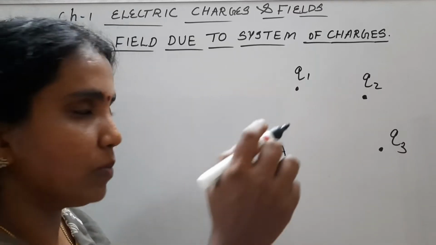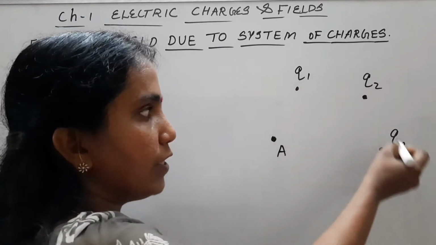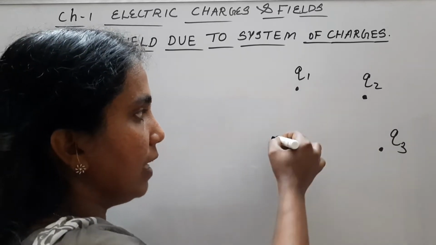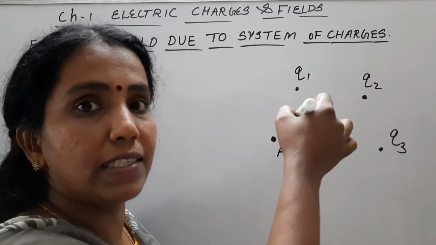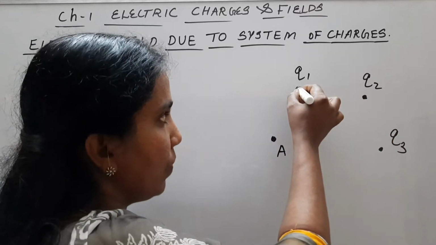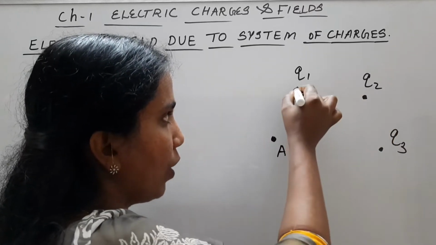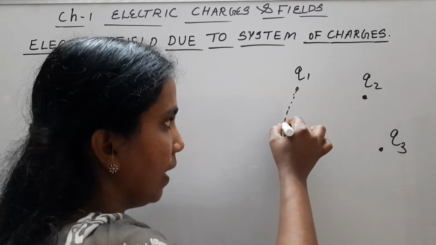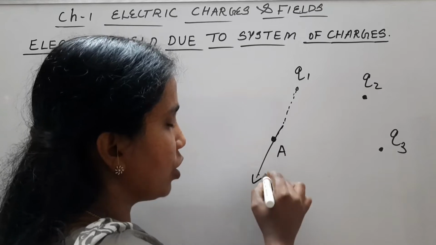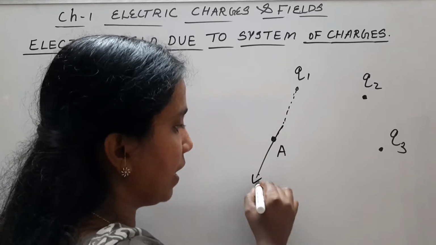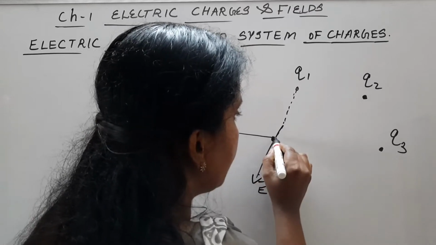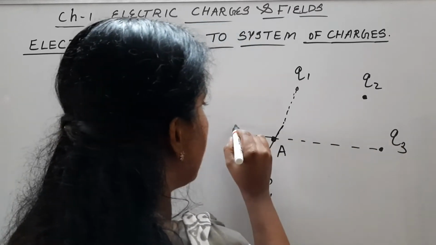Let's see how it comes in the diagram. We assume that Q1, Q2, Q3 all are positive charges, and the electric field due to a positive charge is radially outward. So the field due to Q1 at the point A will be acting along this line, and this is the direction of that electric field. Let it be E1. Likewise, due to Q3, the field will be along this direction.